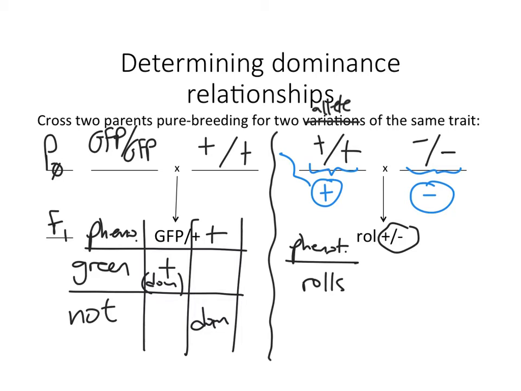In this case, a heterozygote, if it's rolling, means that the mutation is dominant. It only takes one copy of that mutation in a diploid individual to cause that phenotype. That's the dominant phenotype.